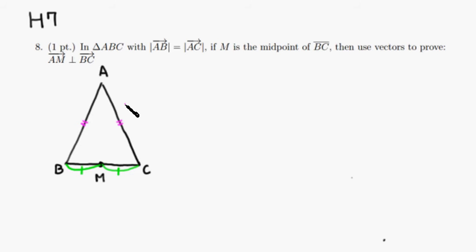And use vectors to prove that the vector AM, so AM is this guy right here, and the other vector is BC, so vector BC would be right here. For simplicity, I'm going to use this notation.